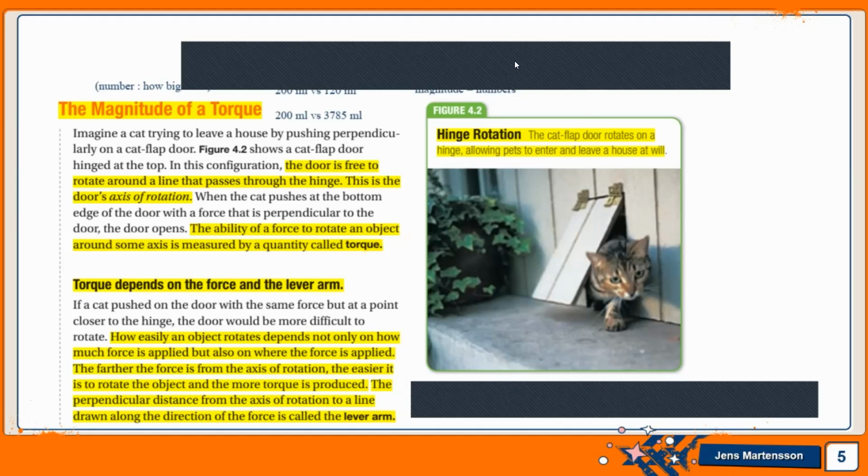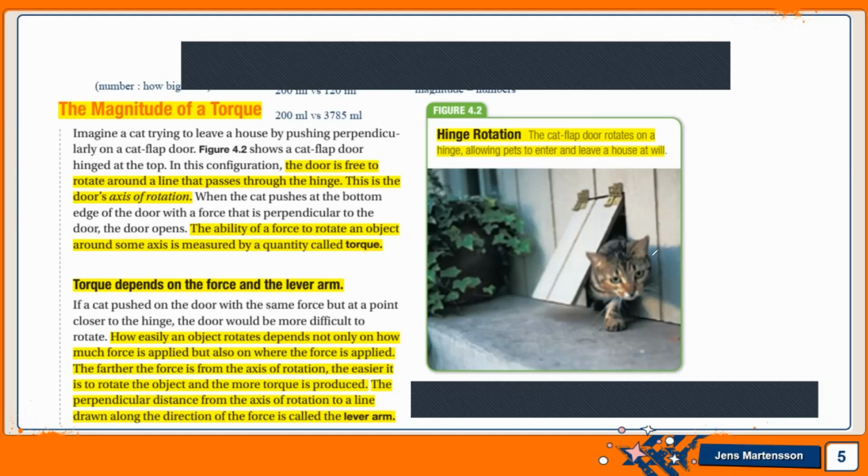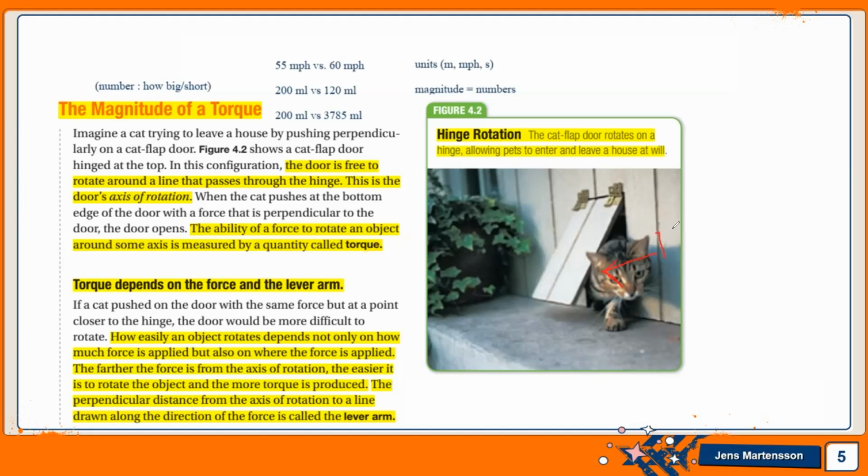So what happens when the cat goes out? This cat applies a force, okay? This pushing force is going to open this door. So this door is going to be able to make a rotation. This kind of rotation is the object of study of torque.